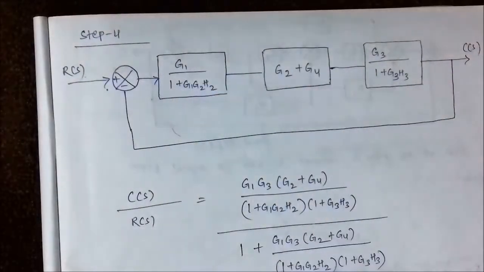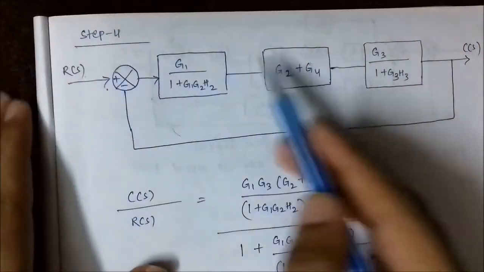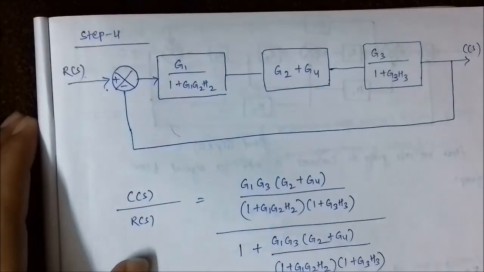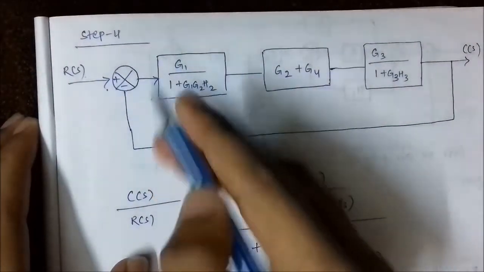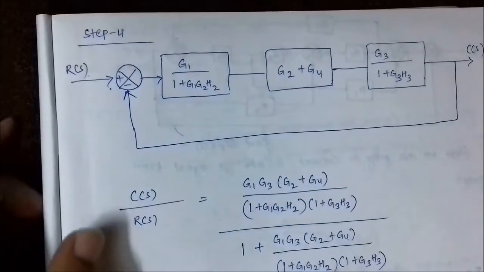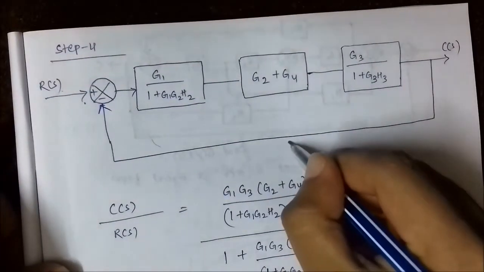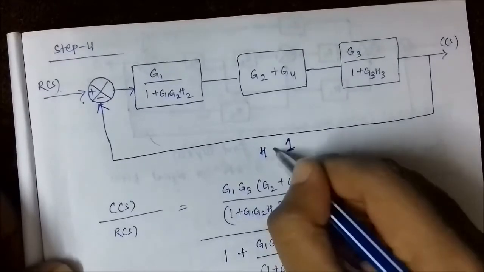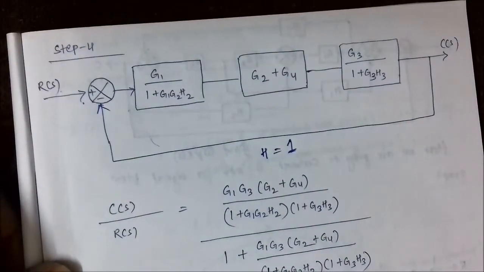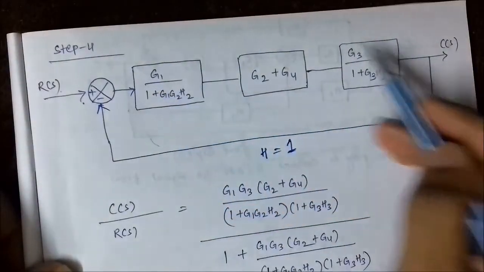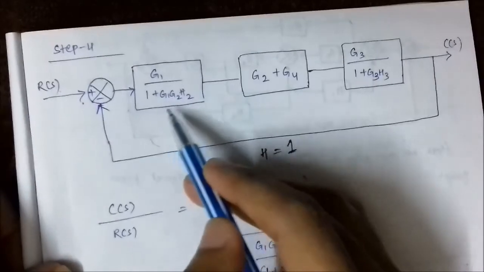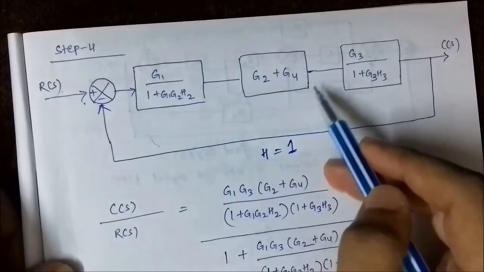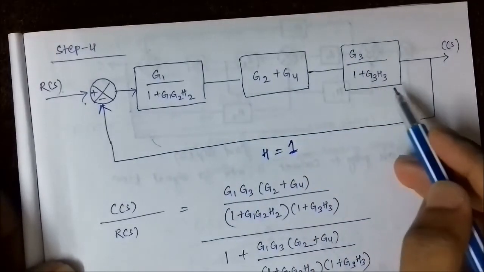The three blocks are in cascade, so we simply multiply these three. And again, this is a unity feedback. Consider that this H's value is 1, just consider it 1. So we multiply these three: G1 by 1 plus G1 G2 H2, into G2 plus G4, into G3 by 1 plus G3 H3.